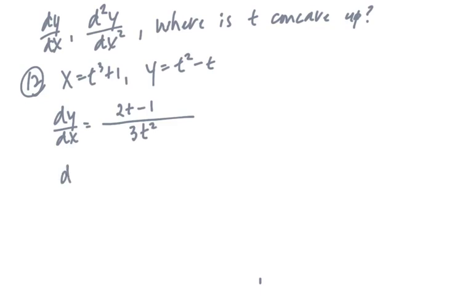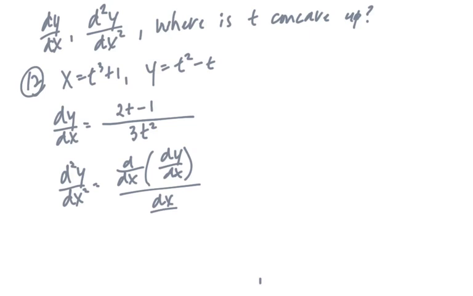So now we can find the second derivative. Now remember the second derivative means we're going to find the derivative with respect to t of dy over dx, and then we're going to divide it by dx over dt. So the derivative of that fraction, now this isn't L'Hopital's rule, so let's look only at dy over dx.